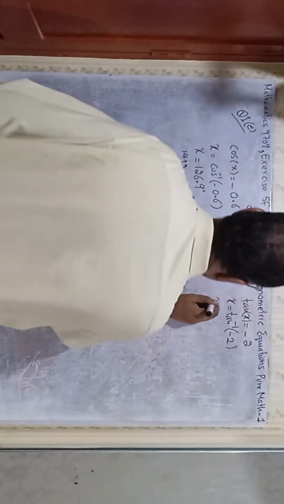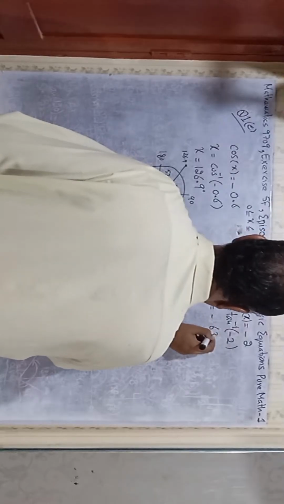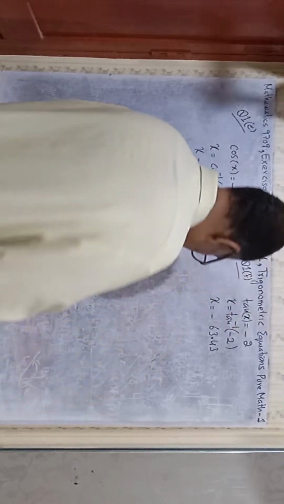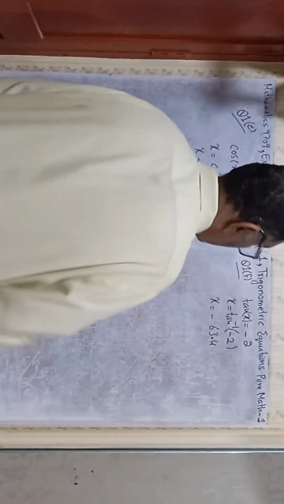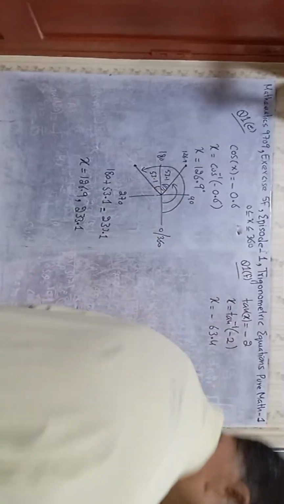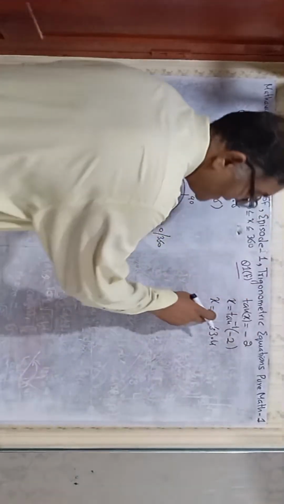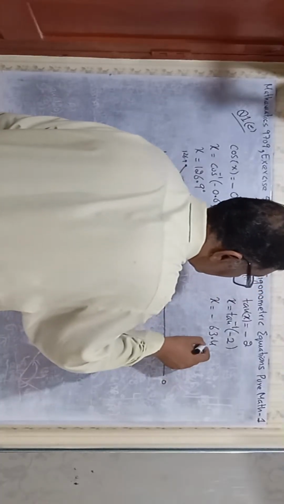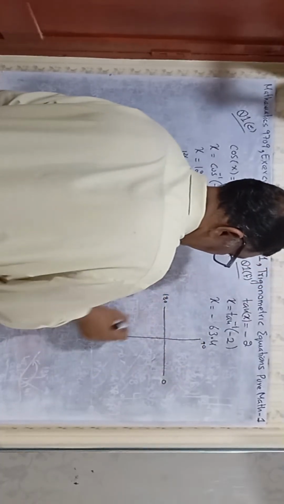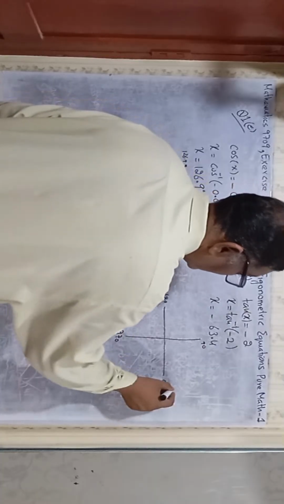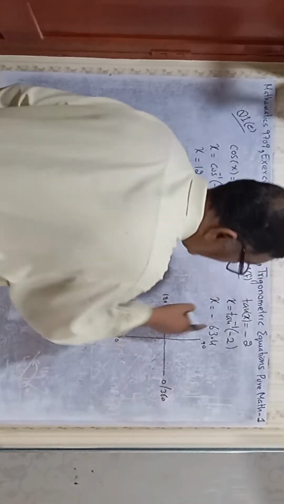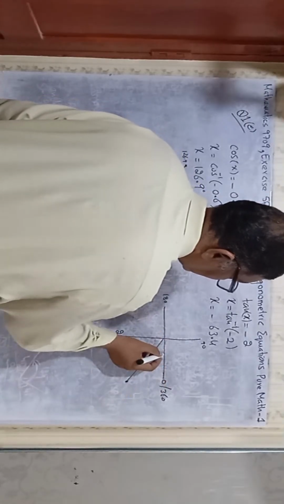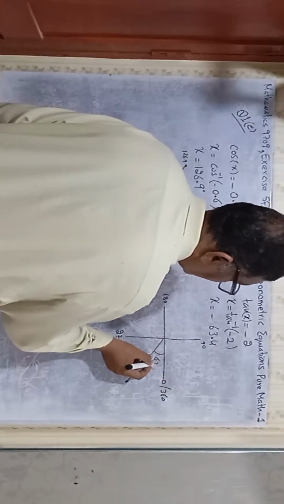So this angle is acute angle, but this is negative angle, and we want the answer in the positive angle. So we will represent this on our quadrants. This negative angle, which is acute, will be in the fourth quadrant. So this is 0, this is 90, this is 180, this is 270, this is 360. So this angle is basically 63.4.